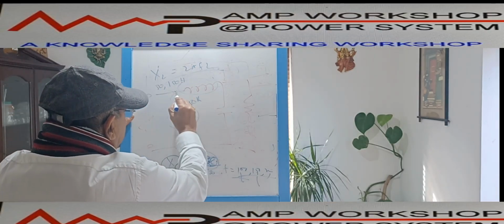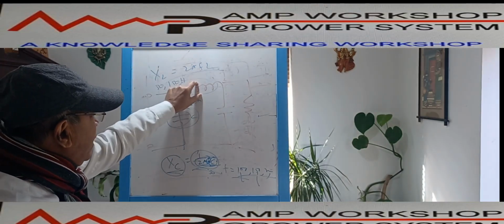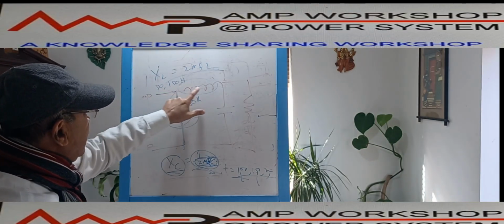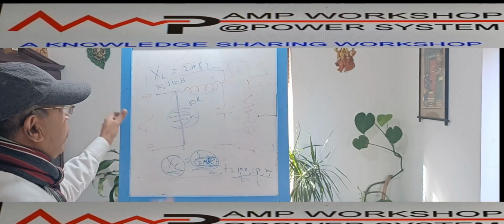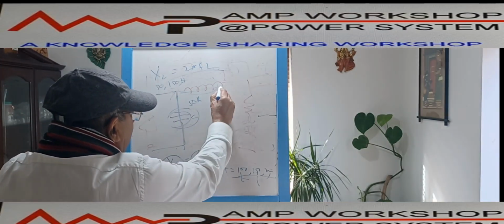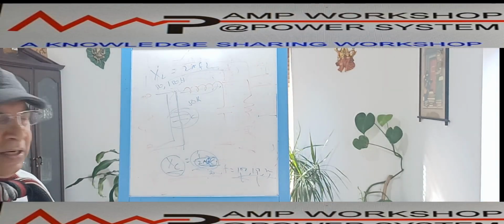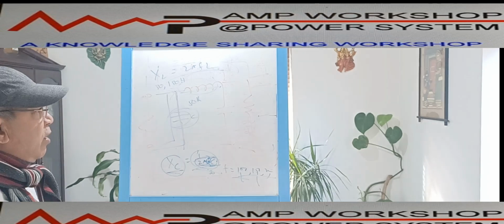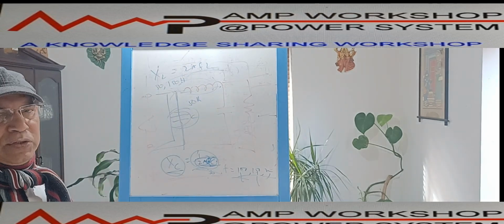For 50 Hertz, this path has its impedance. For 150 Hertz, it will be 3 times over here and 1/3 over here. So 150 Hertz cannot pass through this, it will pass through this. So the output will have the harmonics rejected. That's why, by using what is called a pi filter, we can reduce the harmonics.